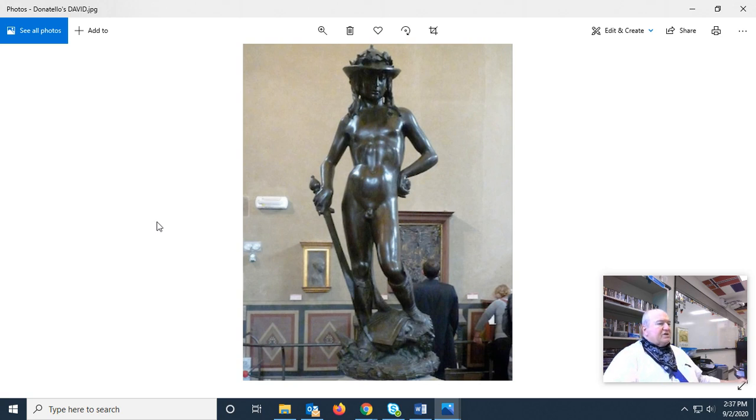Whereas Michelangelo's David was made of marble, this one is made of bronze. Notice, by the way, that here David has already cut off the head of Goliath. And I didn't notice until recently, David still has a rock in his hand. I'd never seen that before.